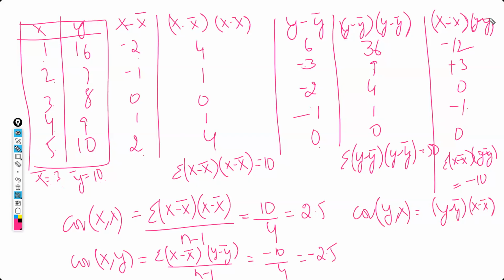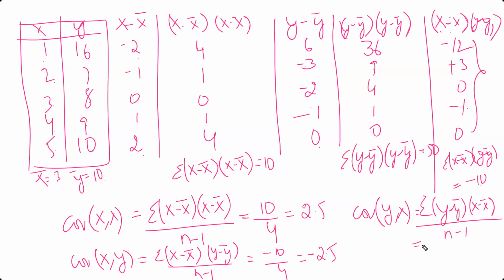Now, y minus y bar into x minus x bar or x minus x bar into y minus y bar, both are the same, right? So finally these 5 values will be the same. The sum also will be the same, no? Divide by n minus 1. That is nothing but minus 2.5. Is there any change? Both are the same. Covariance of x comma y or covariance of y comma x, both are the same.